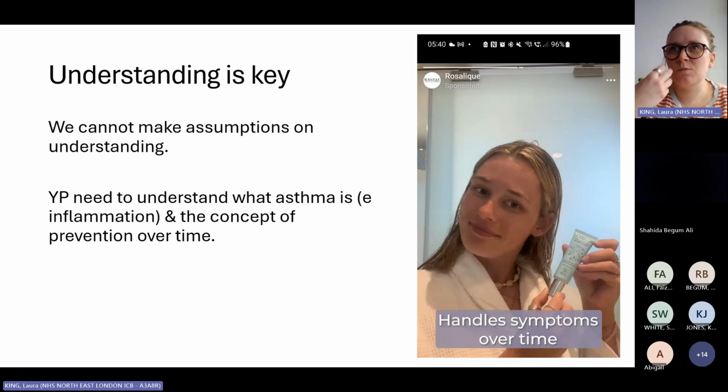So as in skincare symptoms, spots, dryness, whatever, unpleasant symptoms for the young person, by sort of covering it up. And this whole advert was this influencer saying, handle symptoms over time, you're doing prevention while you're looking good. And it really struck me that we are doing them a disservice by assuming they don't understand. Just incidentally, this skincare product is bright green. So when they put it on, it's bright green. So again, if they can understand that, they can absolutely understand the concept of MART.